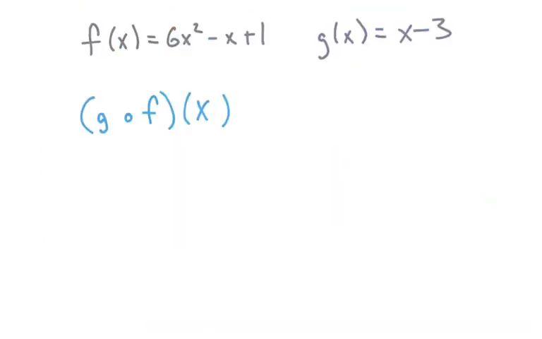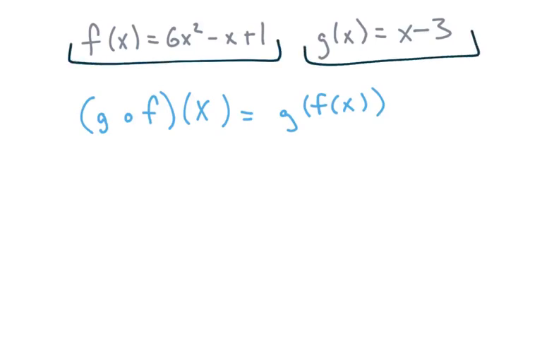So on the other side, we're given g of f of x. And so if f of x is this and g of x is this, I'm now going to replace f of x with what it's equal to. So it becomes g of 6x squared minus x plus 1.